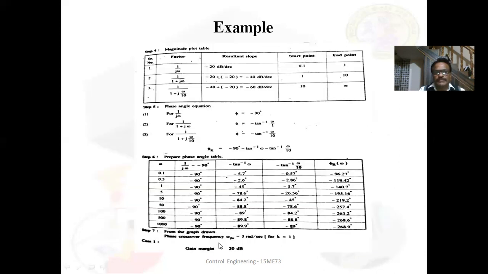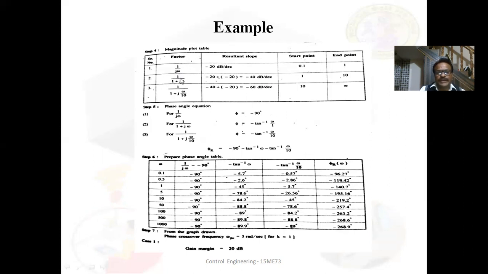Then you have to find the resultant slope to construct the magnitude plot. For 1 by j omega, the slope is minus 20 dB per decade, starting at 0.1 radian per second, and the next corner frequency is 1 radian per second.